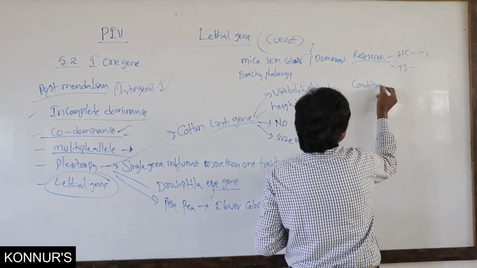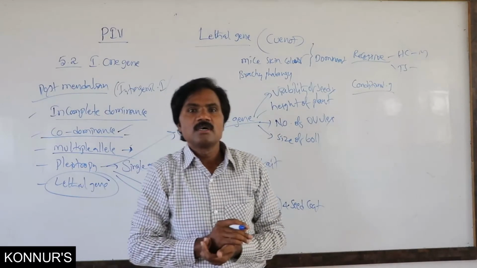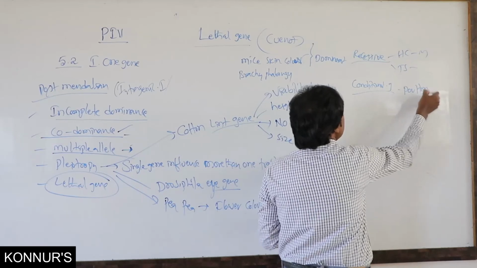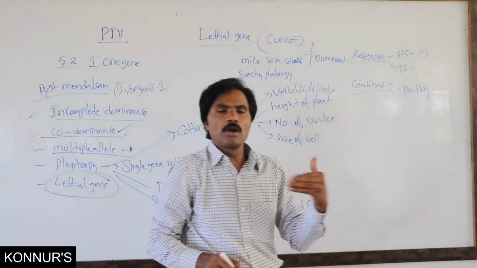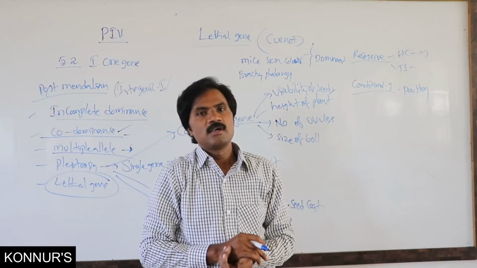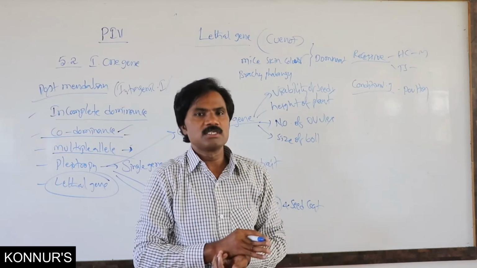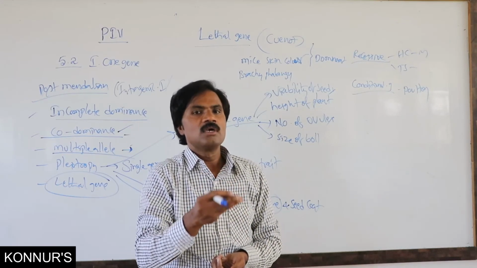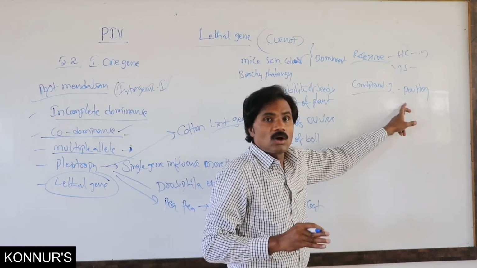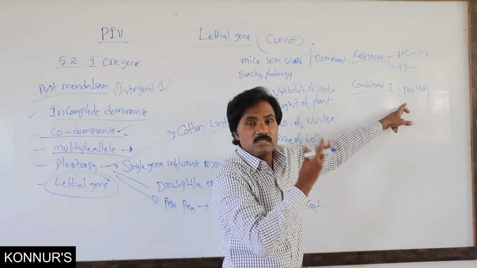Then conditional gene, related to poultry. In poultry, according to environmental changes, there is withering of feathers. If it is too cool or hot, according to environmental condition, normally if it is very cold, it is unable. So in poultry, according to environmental condition, there is withering of feathers.